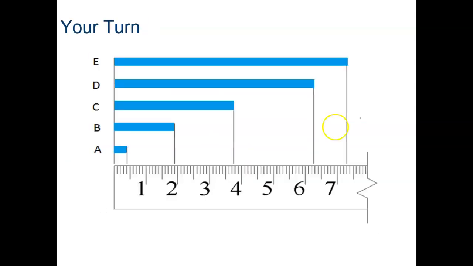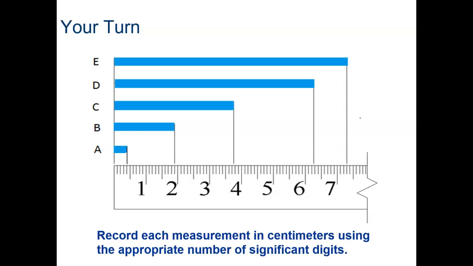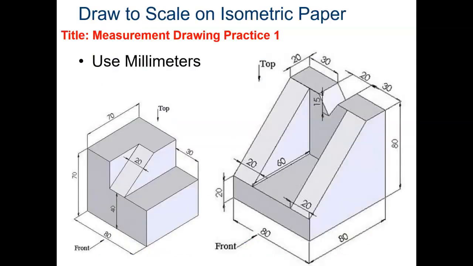Now I'm going to hopefully have a worksheet for you with this video lesson, and you will then use the knowledge you just learned to measure these blue rectangles. And then once you are done with that worksheet, I want you to draw these two objects on isometric paper.